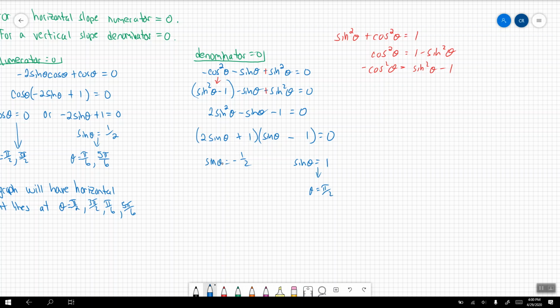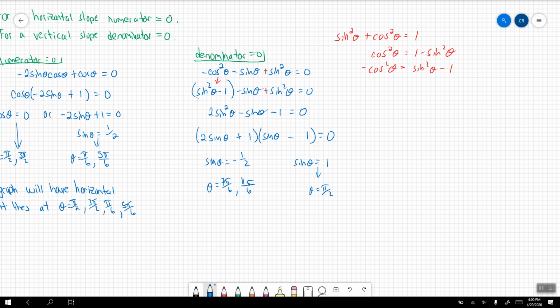Then sine of theta being equal to negative 1/2: negative sine means we must be in quadrants 3 and 4. A sine ratio of 1/2 should be at 30 degrees, in other words pi 6. So pi 6 in quadrants 3 and 4 should be 7 pi 6 and 11 pi 6.